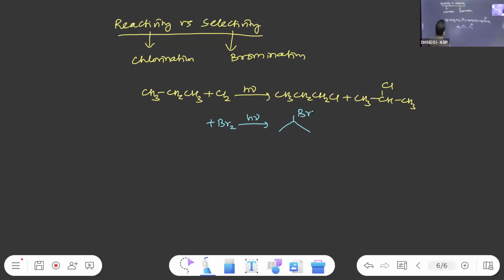Chlorination is more reactive and hence it makes products at all possible sites.